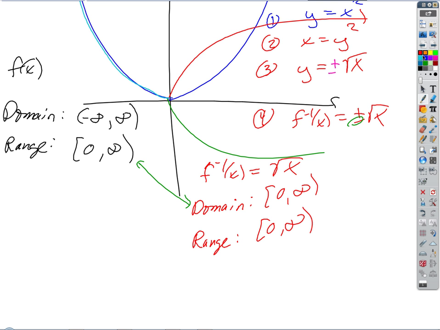Well, wait a second. That doesn't match up with my original domain. But it shouldn't, right? Because the red square root function only goes with the right half of the original function. Does that make sense?